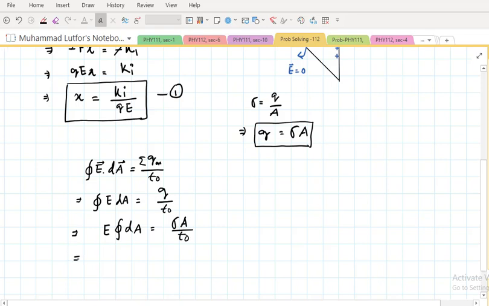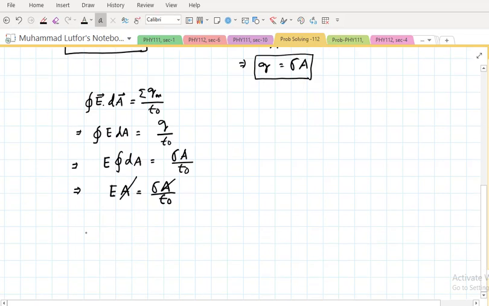Now if you integrate that dA, we'll find that A. So in that case it would be sigma into A divided by epsilon naught. Now you can cancel out this area from both sides. Then you will find that this E would be basically sigma by epsilon naught. So this would be the electric field for a metal plate.